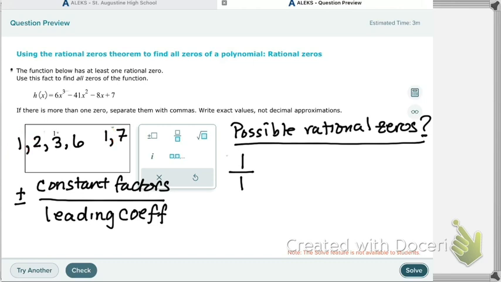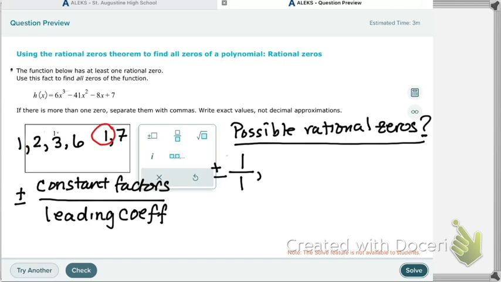And remember, I'm going to say plus or minus, so plus or minus 1. Then I'm going to do all of the possibilities here. Now I did 1 over 1.